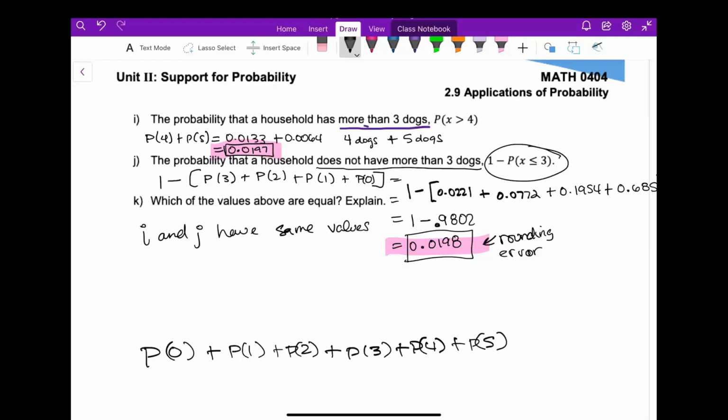So why are I and J the same value? I want to show you that P of 0 plus P of 1 all the way through P of 5 is going to be equal to 1. They should all be equal to 1. All the probabilities are always equal to 1. And if I wanted to say the probability that a household does not have more than 3 dogs, I'm taking away these values here.